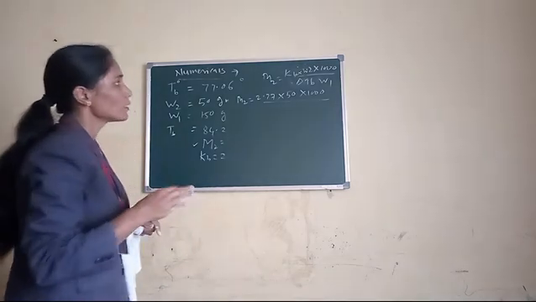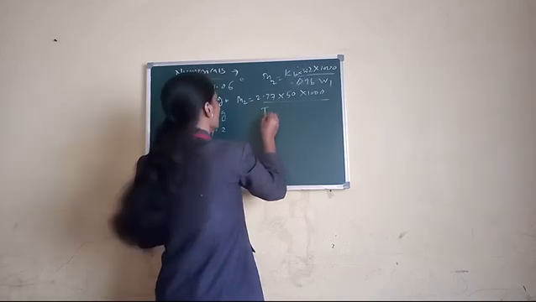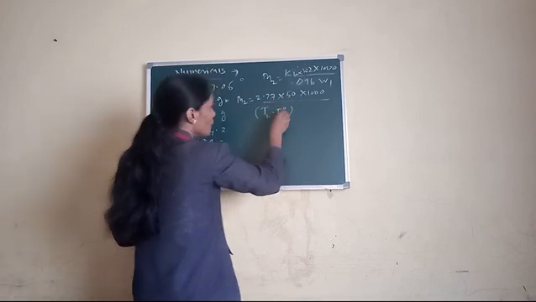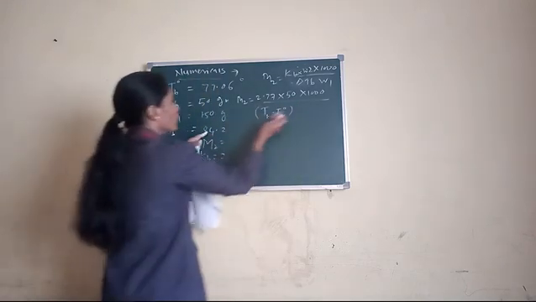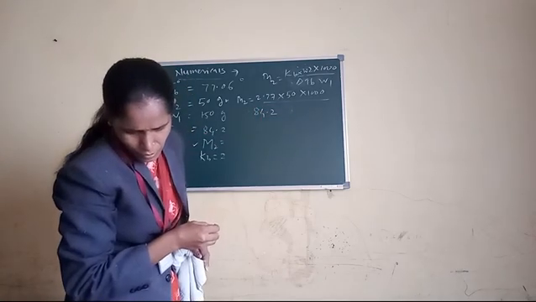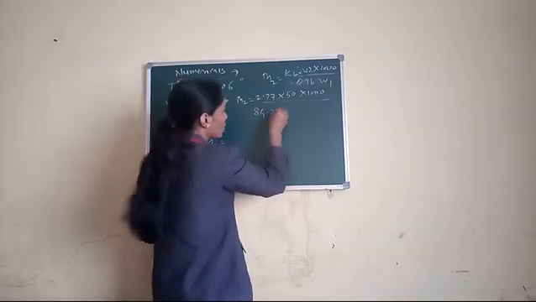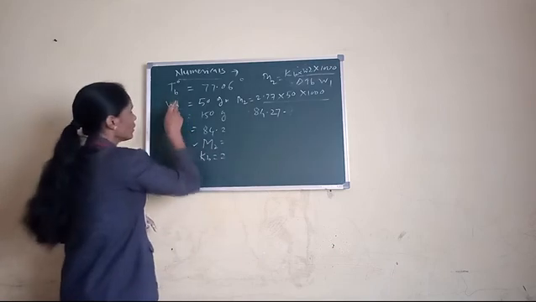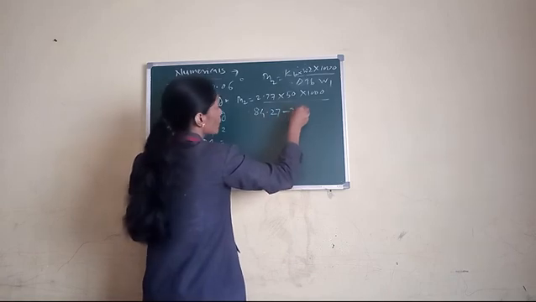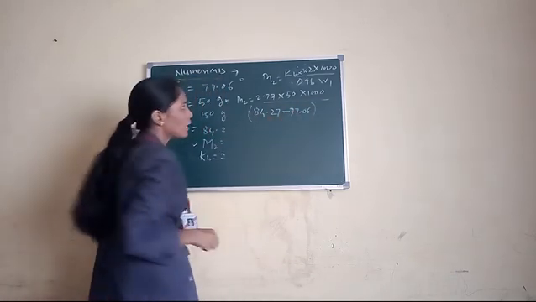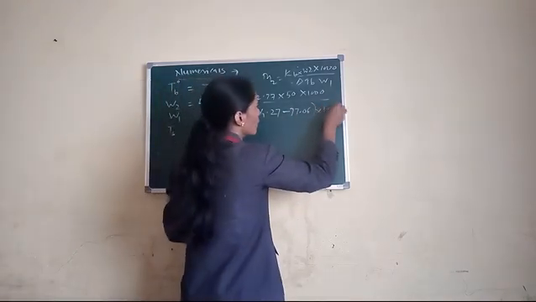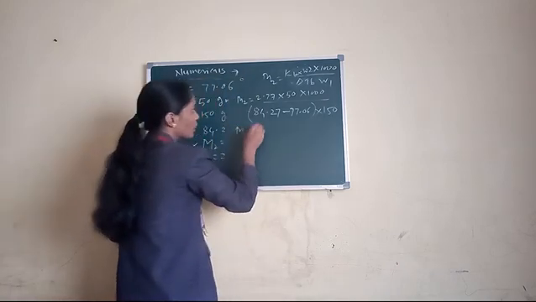Delta TB means TB minus TB naught, TB is 84.227 minus TB naught 77.06. This is delta TB into W1, and W1 is the 150 gram.